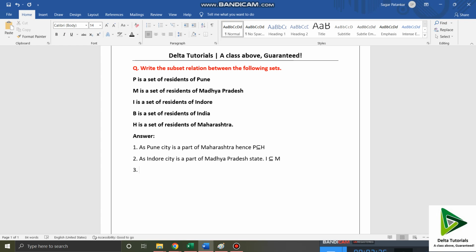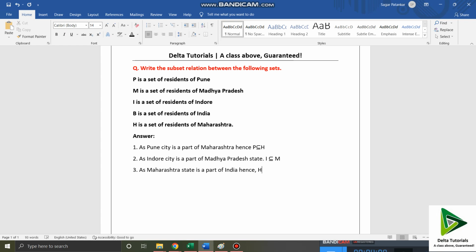Let's proceed further for the third subset relation. Now, Madhya Pradesh and Maharashtra, these both states are part of our country India. So we can say that M is a subset of B and H is also a subset of B, as Maharashtra state is part of India.